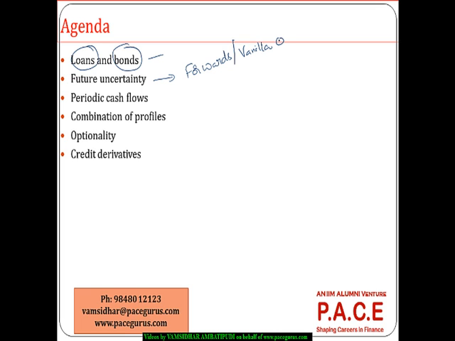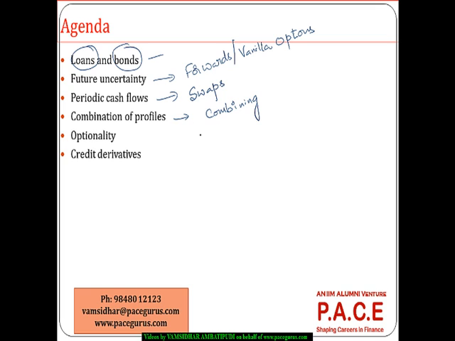Or how do I look at the future exposure for those instruments where periodic cash flows are there, like swaps? And how does it look if I am combining two or more different kinds of financial contracts, or a combined financial contract?